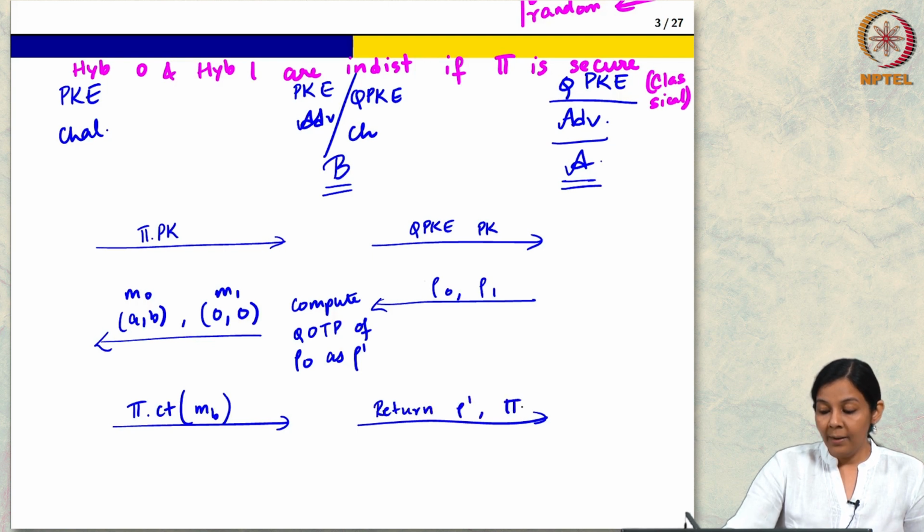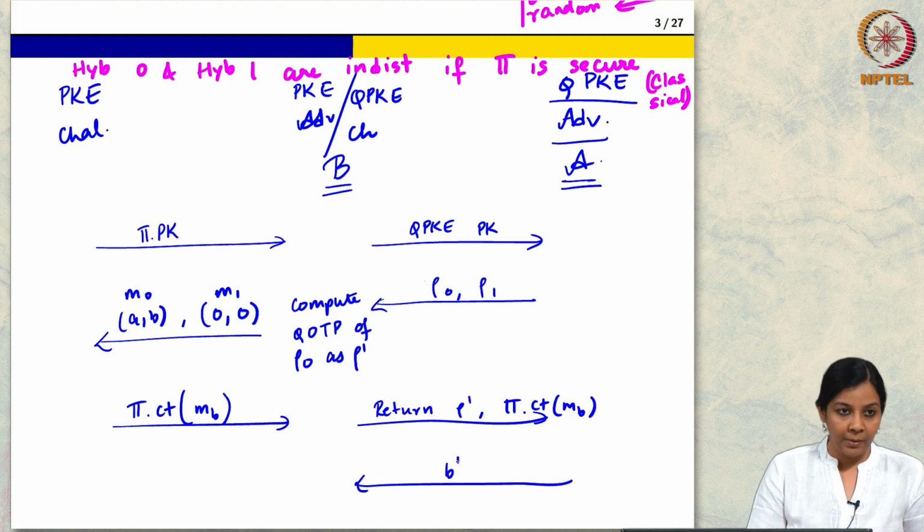So, what should I give A now? Rho prime and pi.Ct of M_b, isn't it? And now my A is supposed to break security. It will guess b, I will call that guess b prime.